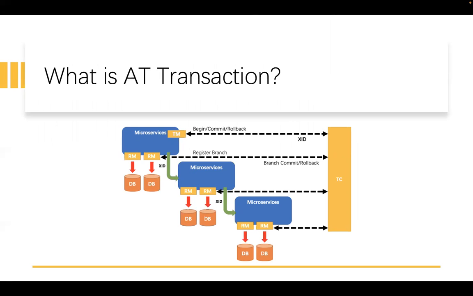AT transaction is a distributed transaction solution that allows branch transactions to commit with an undo log. In case a global rollback happens, the branch transactions will roll back by the undo log to recover to the original status. In case of a global commit, it will delete the undo log on the branch transaction.